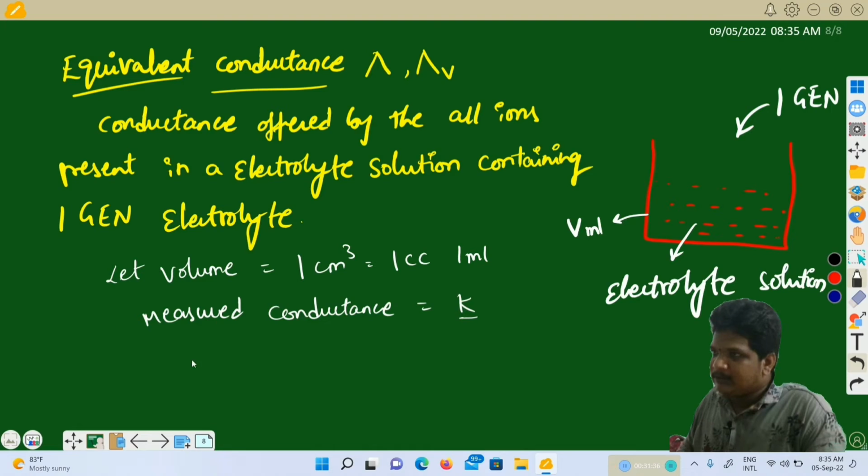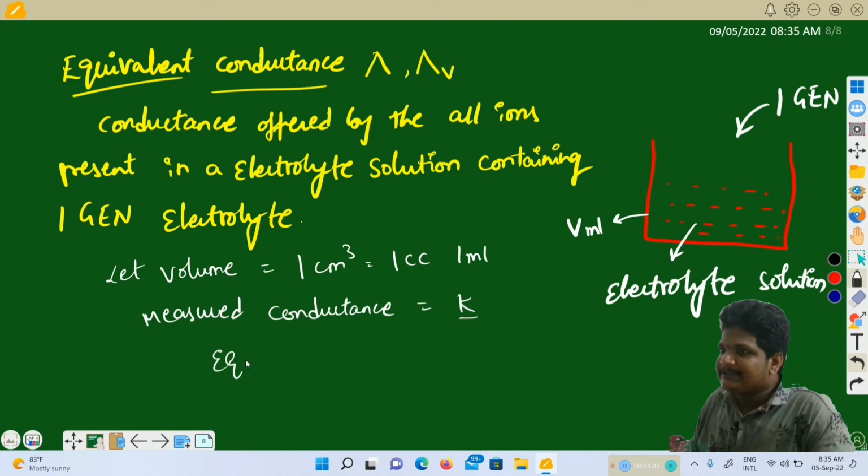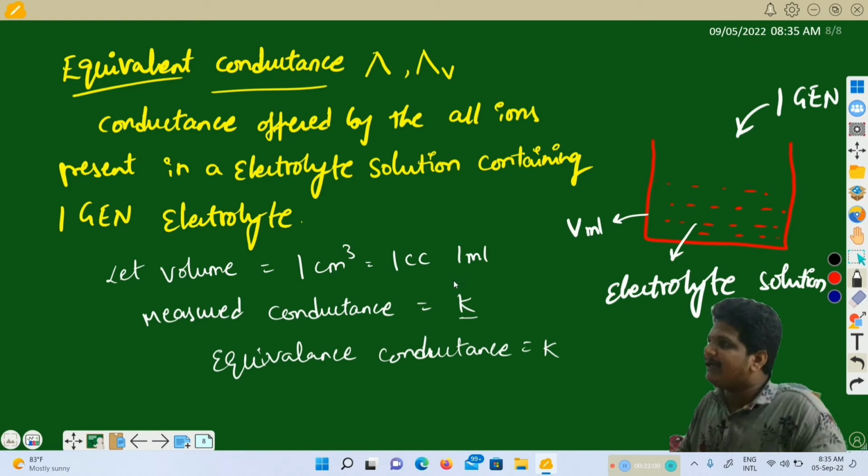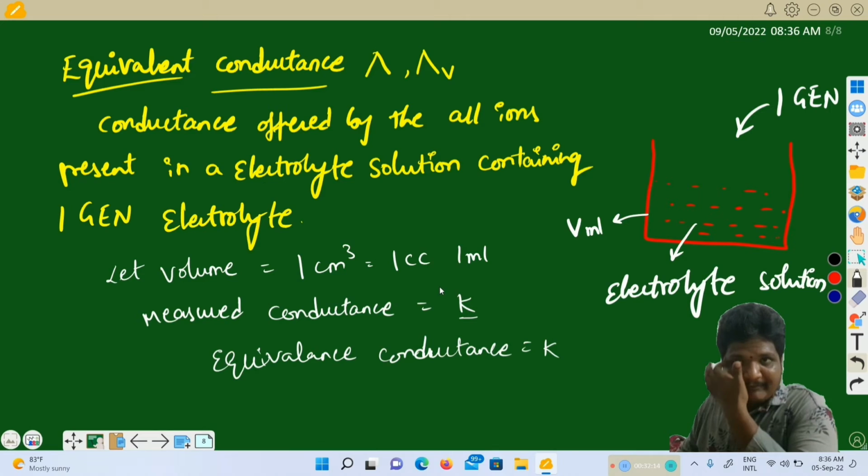So what about the equivalent conductance? The equivalent conductance is equal to kappa, because this 1 ml of solution contains 1 gram equivalent of electrolyte.